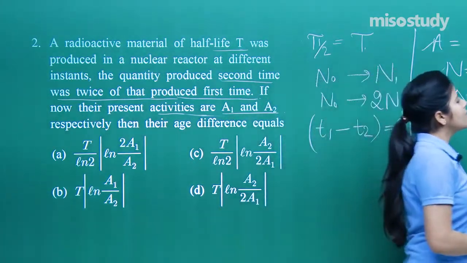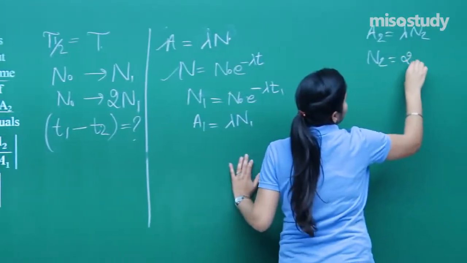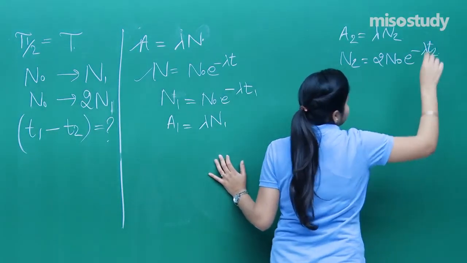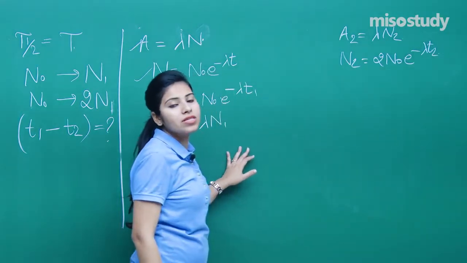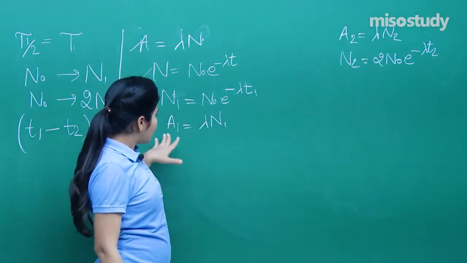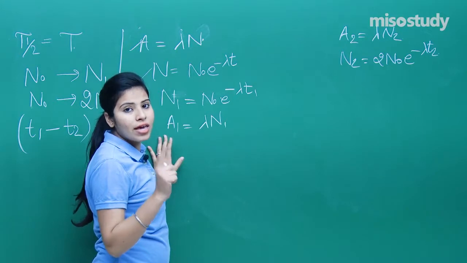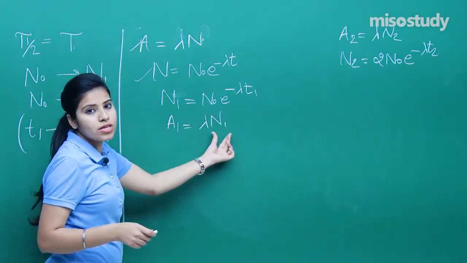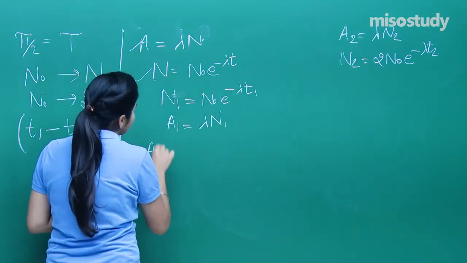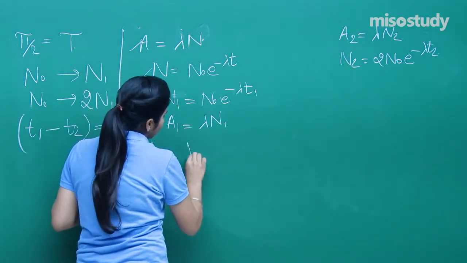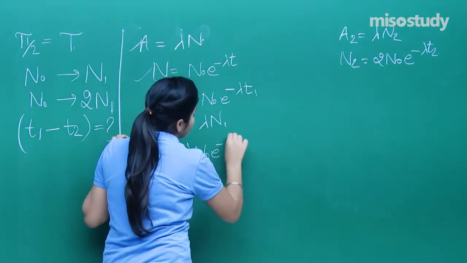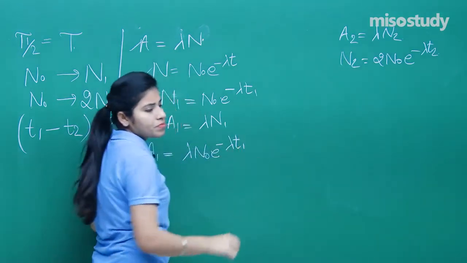So we will write N2 equals 2N naught e raised to the power minus lambda T2. Now we have these relations. For the first relation, I will put this value of N1 into the equation, so A1 equals lambda into N naught e raised to the power minus lambda t1.